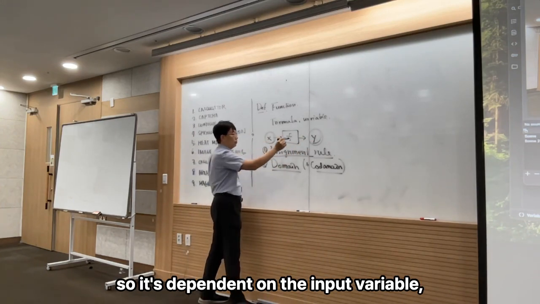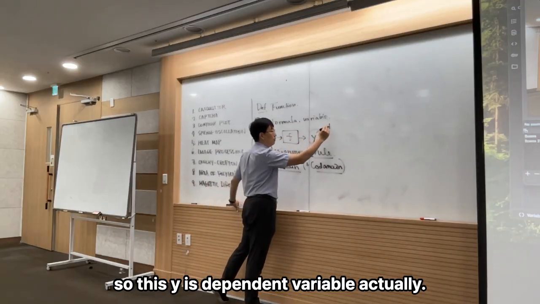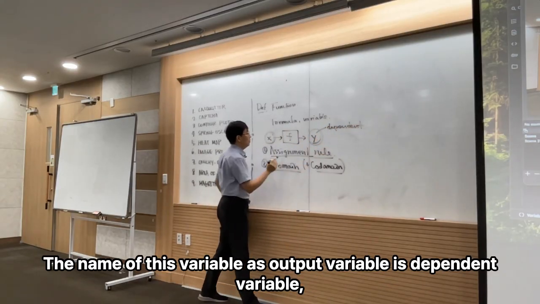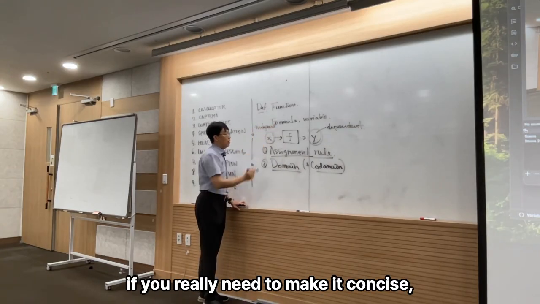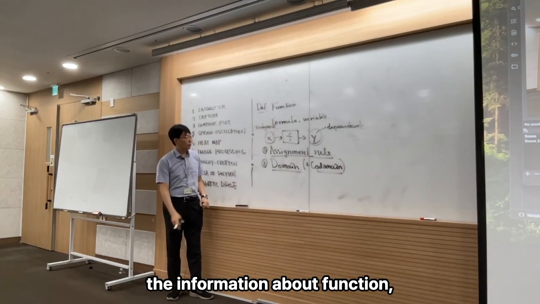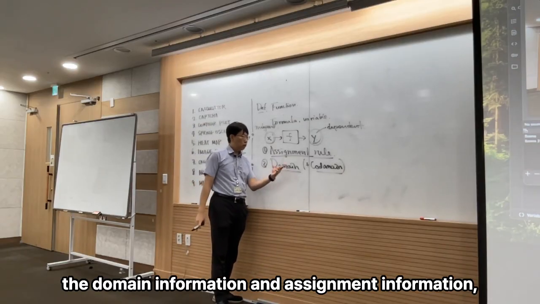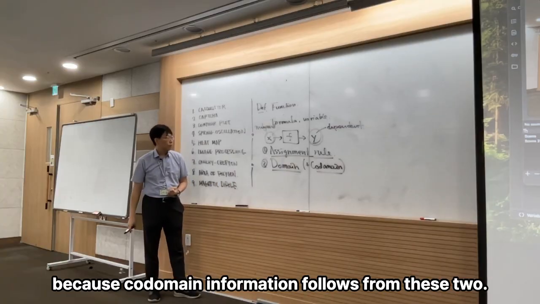So this y is the dependent variable, the output variable, and this is the independent variable. If you really need to make it concise, you can keep the domain information and assignment information, because the codomain information follows from these two.